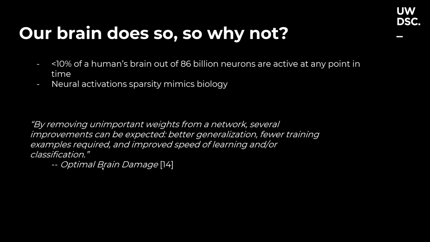And that's from the paper from Yann LeCun. He said by removing some unimportant weights or neurons from a network, we can make a lot of improvements. For example, better generalization, so better accuracy on the test set, even with fewer training examples. And most important, speed.